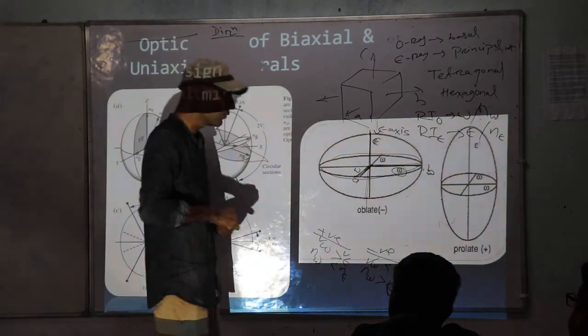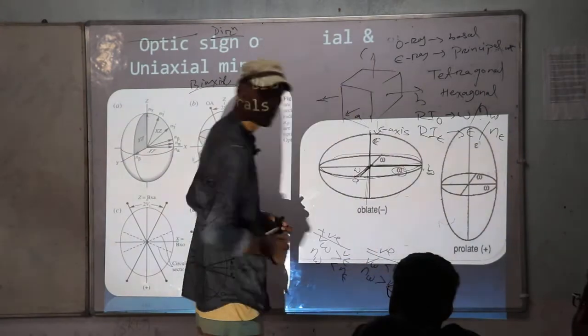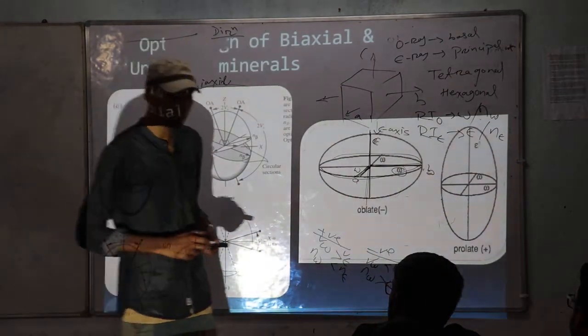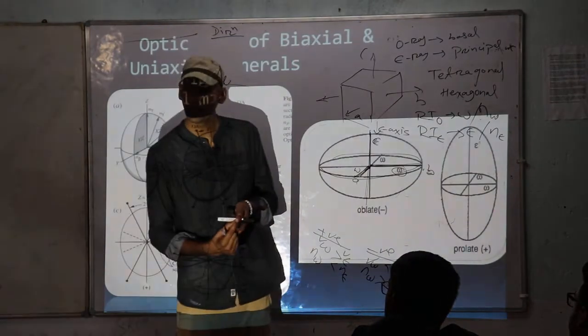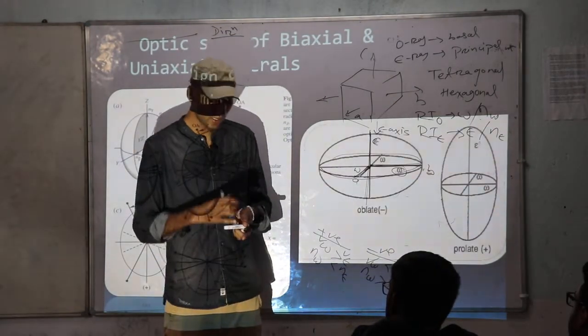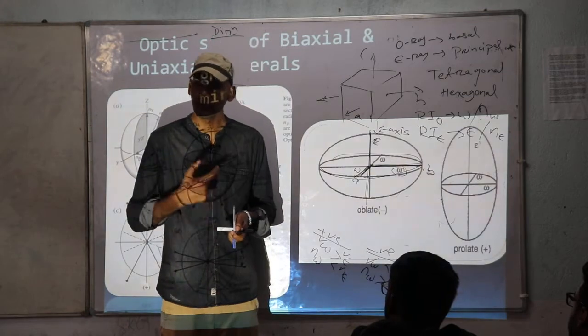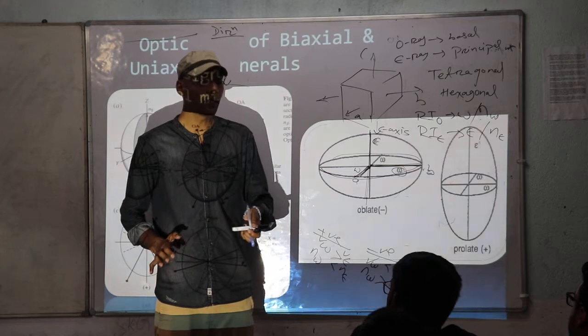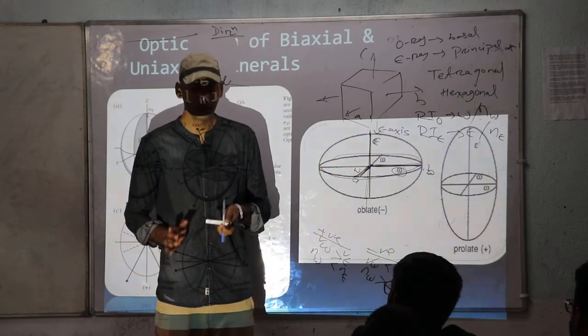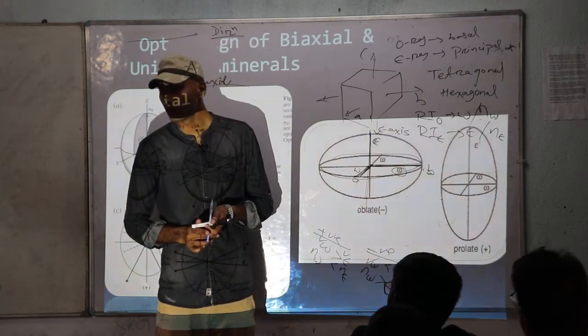So in uniaxial mineral, the n omega and n epsilon differ. So you can see in basal section I am representing omega or n omega, refractive index of O ray, and in principal section, that means along the optic axis or containing the optic axis, E ray vibrates containing the optic axis, O ray vibrates perpendicular to the optic axis.